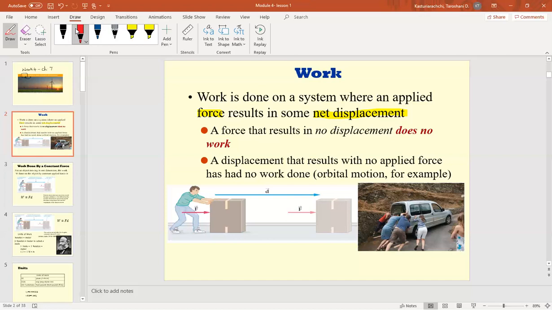It goes from here to here. If you remember something from high school, we define work as force times displacement. Force times displacement.